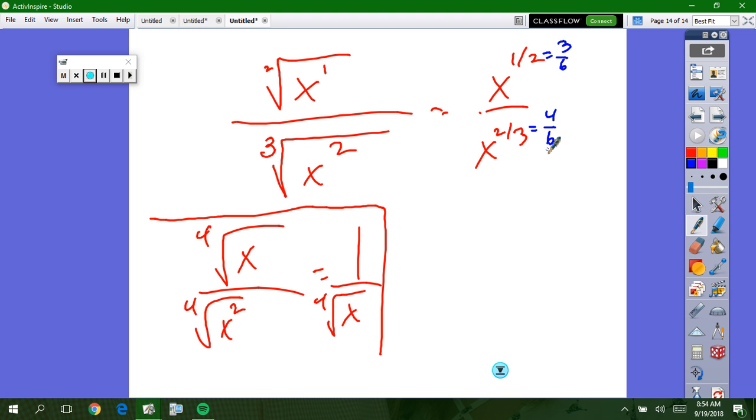Rachel, what do I do when I divide like bases? Subtract it, so I get 3/6 minus 4/6, which is, okay. Am I done there yet? What's left? 1 over x to the 1/6.